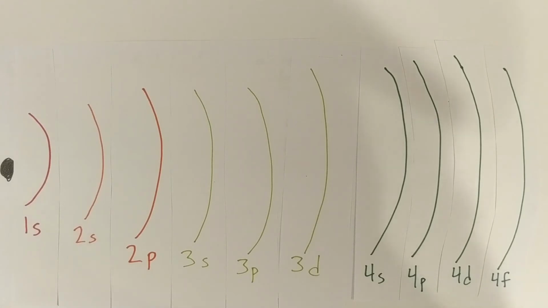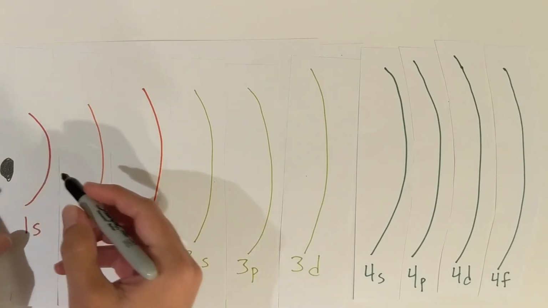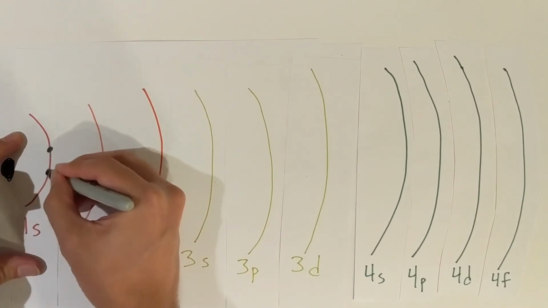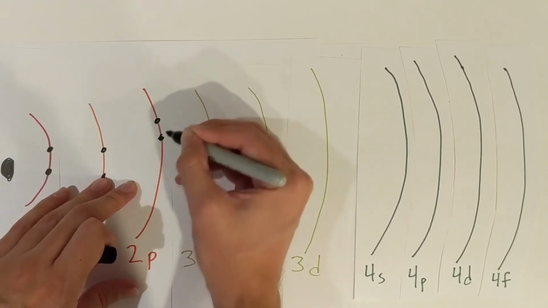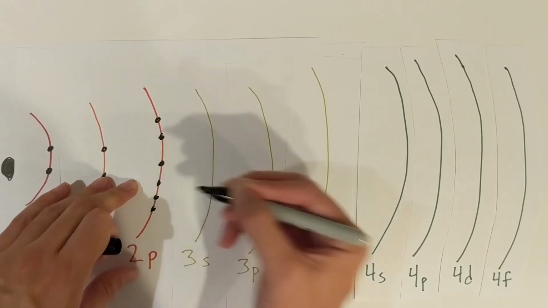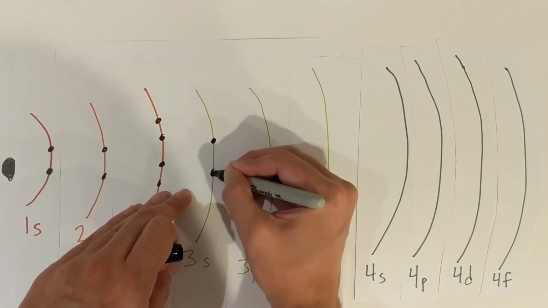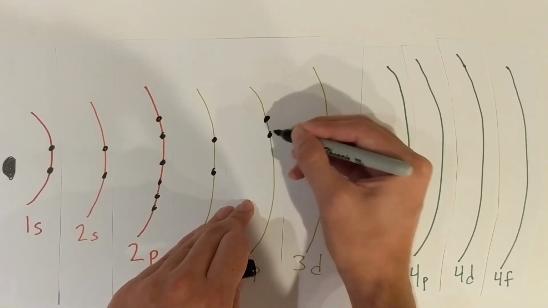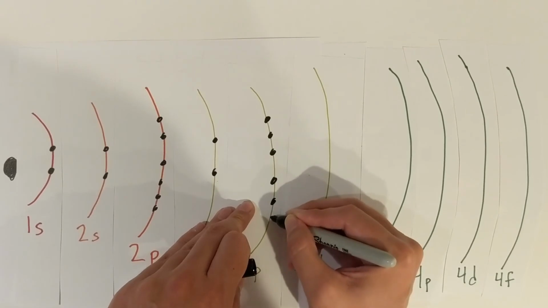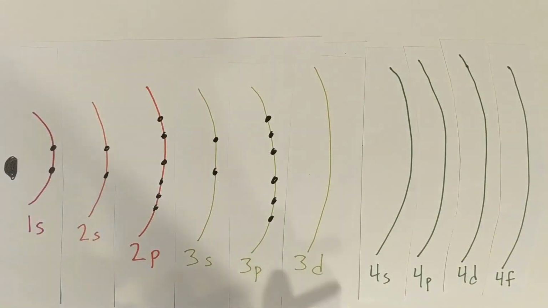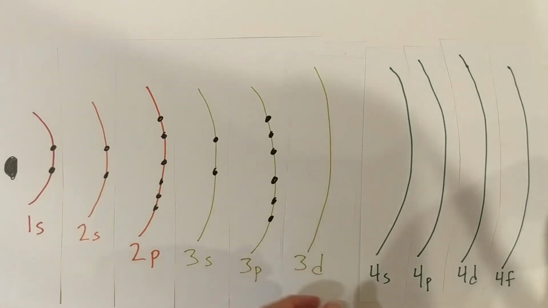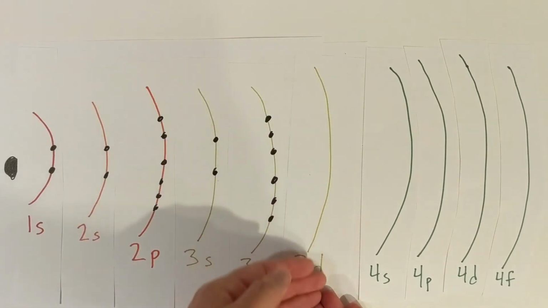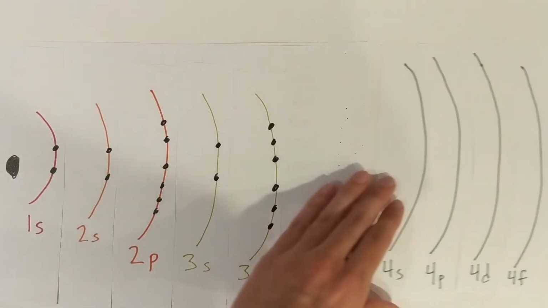So what ends up happening is we fill up our first energy level over here with 2 electrons. Then we fill up 2s with 2 electrons, and 2p with 6, and 3s with 2, and 3p with 6, and that would be 8 so far in level 3. And then once it gets to there, what happens is these electrons, instead of starting to fill in 3d, which has room for 10, they would rather fill in 4s.